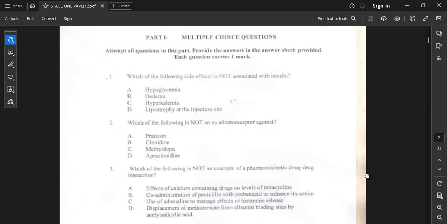Which of the following side effects is not associated with insulin? I think hyperkalemia. Insulin is even given to manage hyperkalemia.